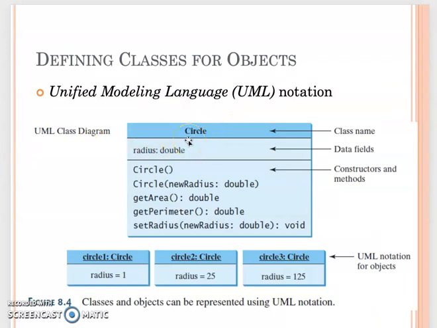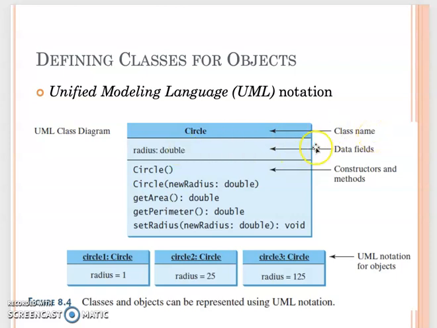Before I show the Circle class implementation, I want you to know about the UML notation. Whenever I want you to define a class, I will give you a UML notation, which stands for Unified Modeling Language. In the UML diagram, we have three parts. On the top is the class name.